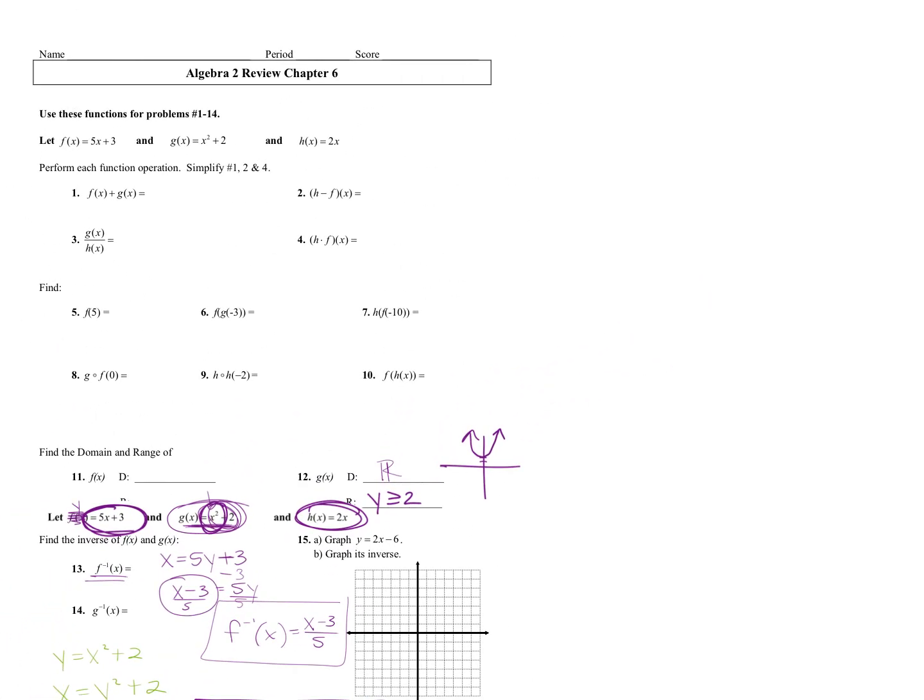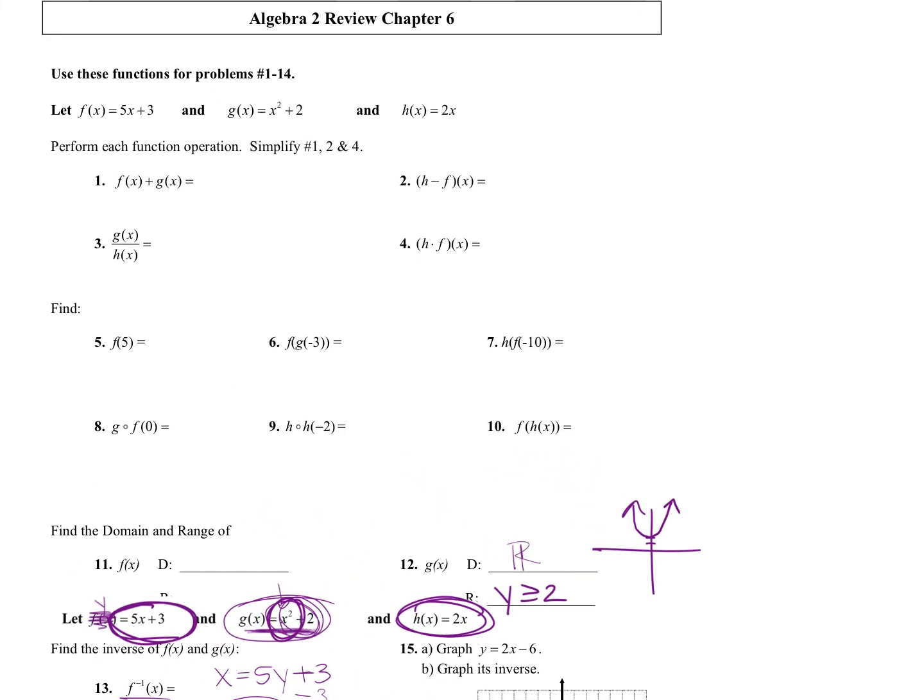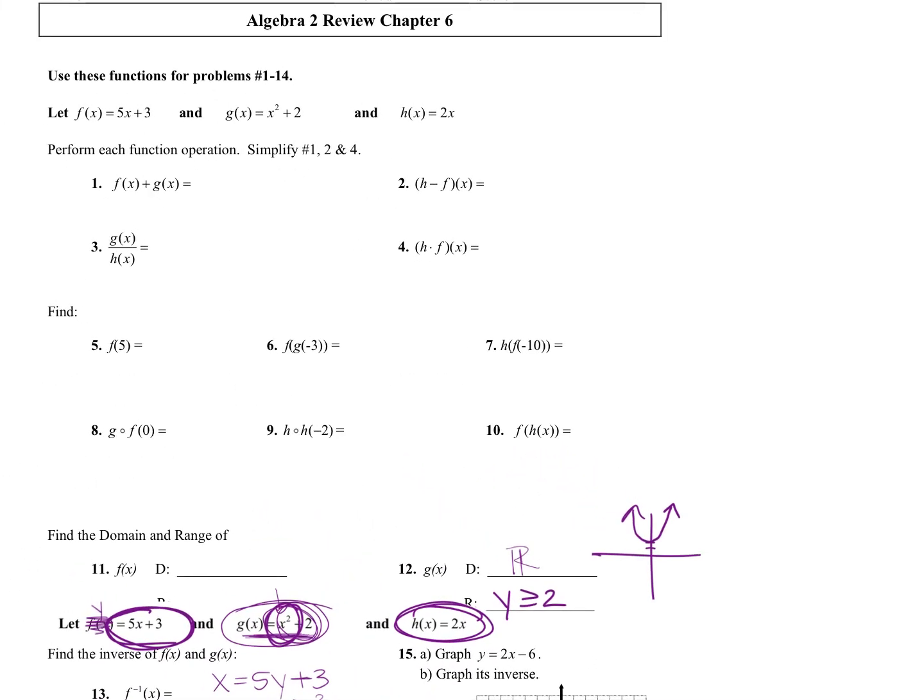Let's look at number 10. 10 is f of h of x. What do you do first? The inside, the h, right? So we're going to look at h of x. What do you do with that 2x? Plug it into the f function, right? So you don't do anything on the first step if it's a variable right here. Well, unless your variable is different than the variable given.